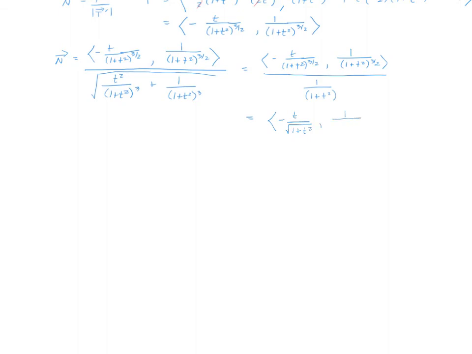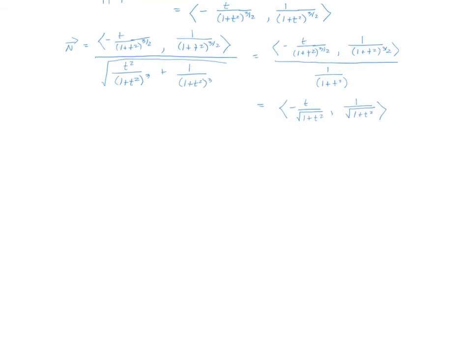Next component is 1 over the square root of 1 plus t squared. And that's just my n. Remember, I still have to put all this together.